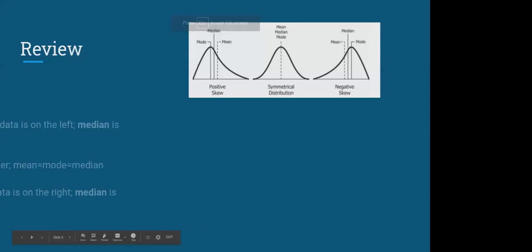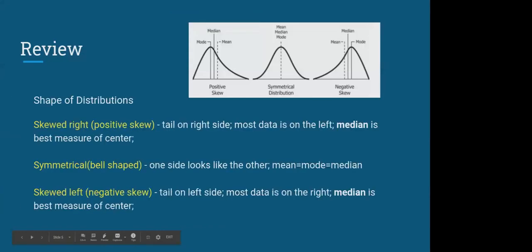Thanks, Liv. Okay. So I just added bell shaped to symmetrical, because sometimes it's referred to as a bell shaped curve, and I don't want you to think that you don't know what that is. So again, there are three shapes of distributions.